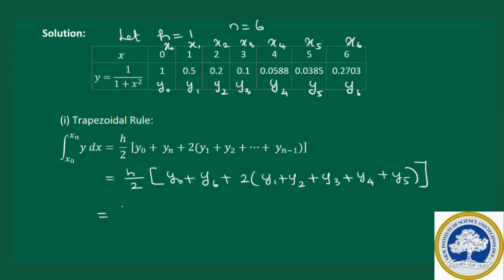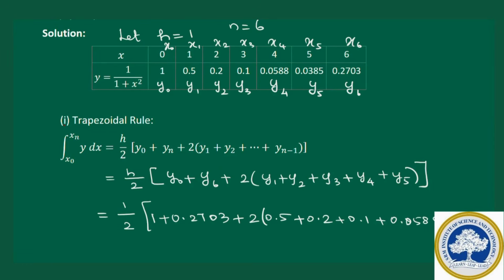Now let us substitute. h is 1 here. So put h is equal to 1. So 1 by 2 into y0, which is 1, plus y6, which is 0.2703, plus 2 into the remaining values. Remaining values are 0.5 plus 0.2 plus 0.1 plus 0.0588 plus 0.0385.